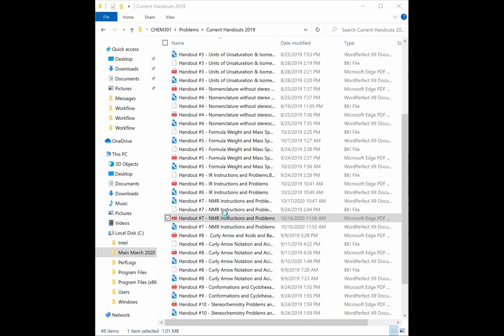And these are just visuals. So if I say it's meta substituted, you know they're one away. If I say ortho, they're right next to each other. And if I say para, they're opposite each other. So ortho, meta, para, and then meta, and then ortho again. Those are just terminologies dealing with benzene specifically.